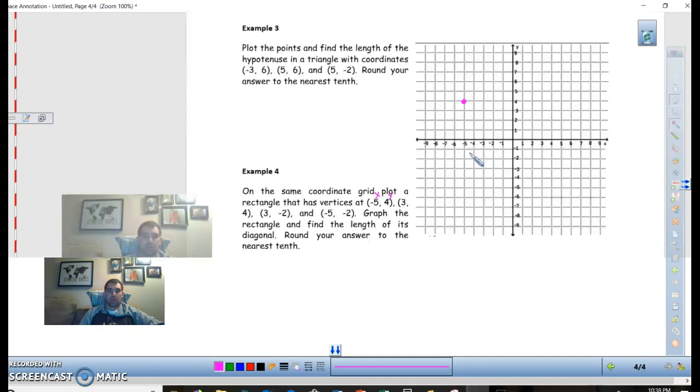You go 3, 4. You go 3, -2. And you go -5, -2. So we have our rectangle.